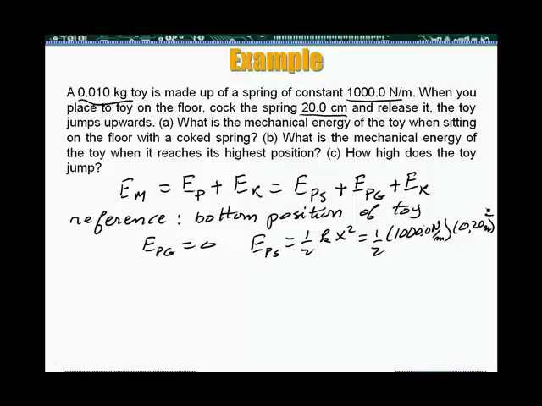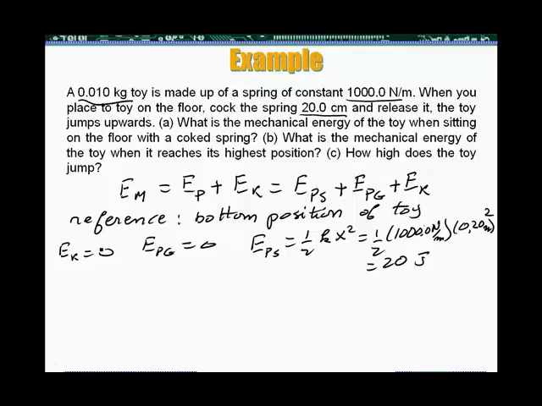0.2 squared is 0.04. 0.04 times 1,000 gives us 40, divided by 2 gives us 20 joules. So our spring potential energy is 20 joules. And the toy is cocked, it didn't start moving, so its kinetic energy is equal to 0.